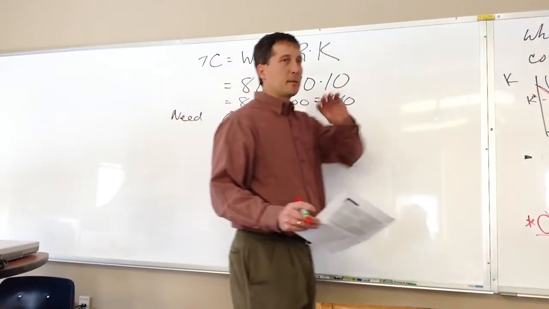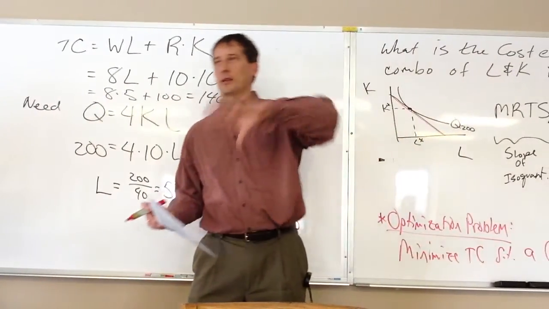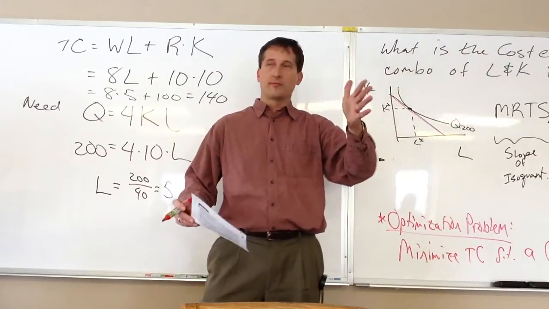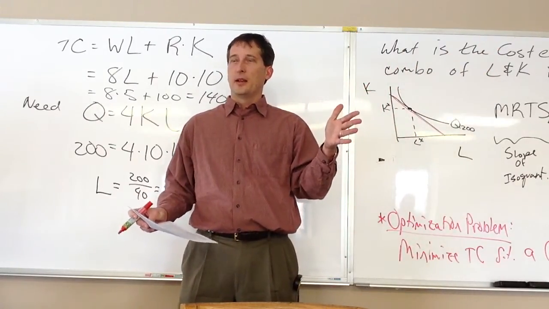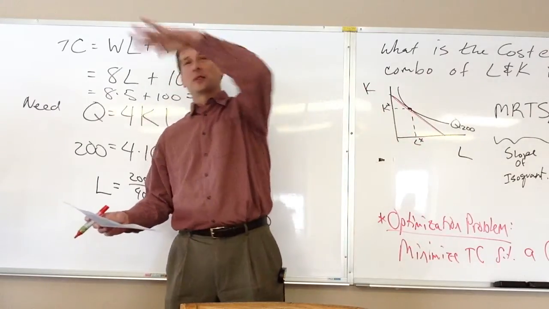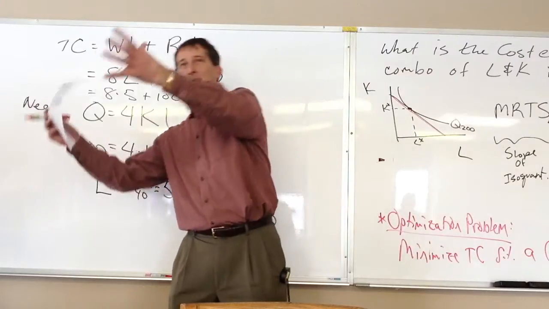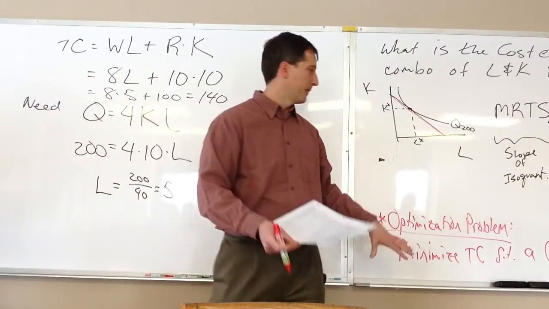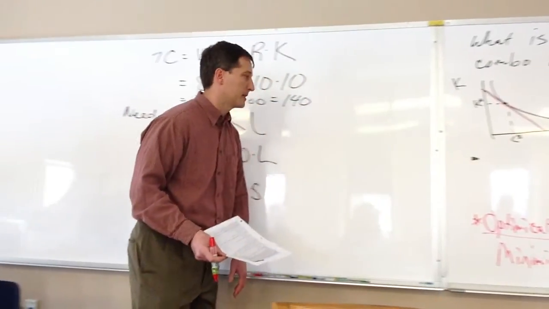We're always falling back to this logic. What am I trying to make better subject to what constraint? The big problem of economics, trying to satisfy unlimited wants with limited resources. What am I trying to do? What's my constraint? What am I limited to? Right? So the problem is always set up similar to that.